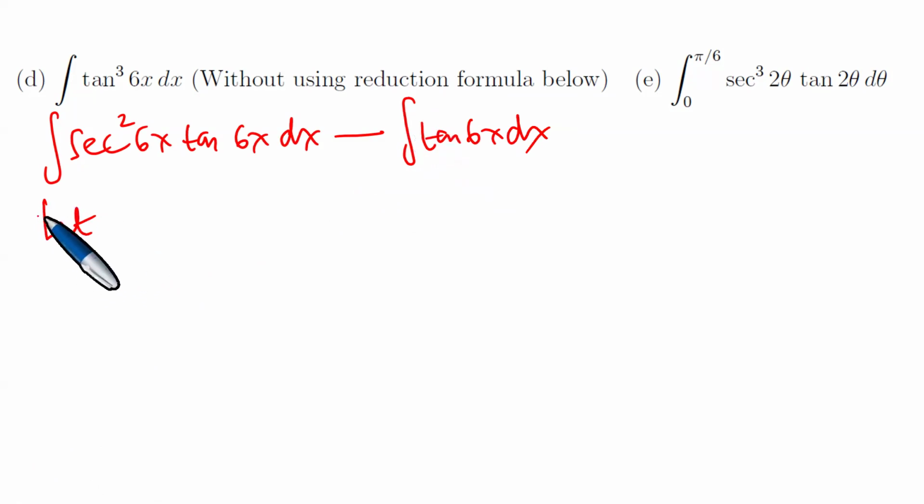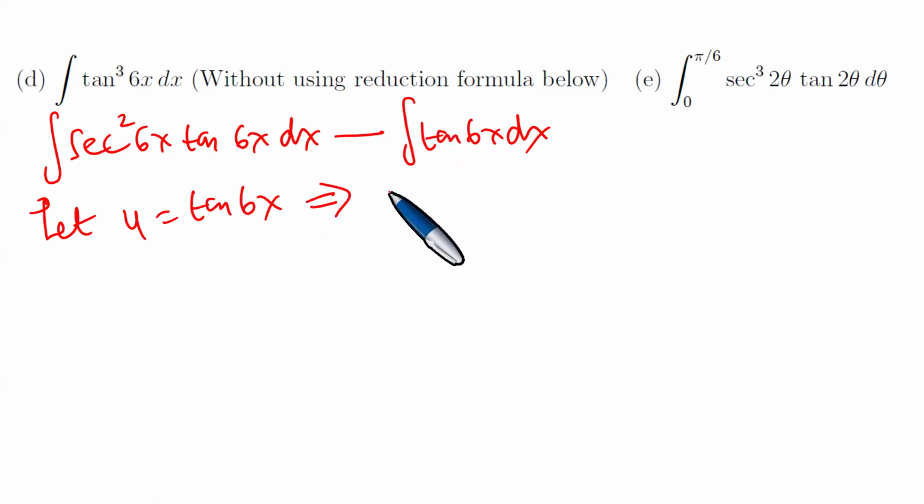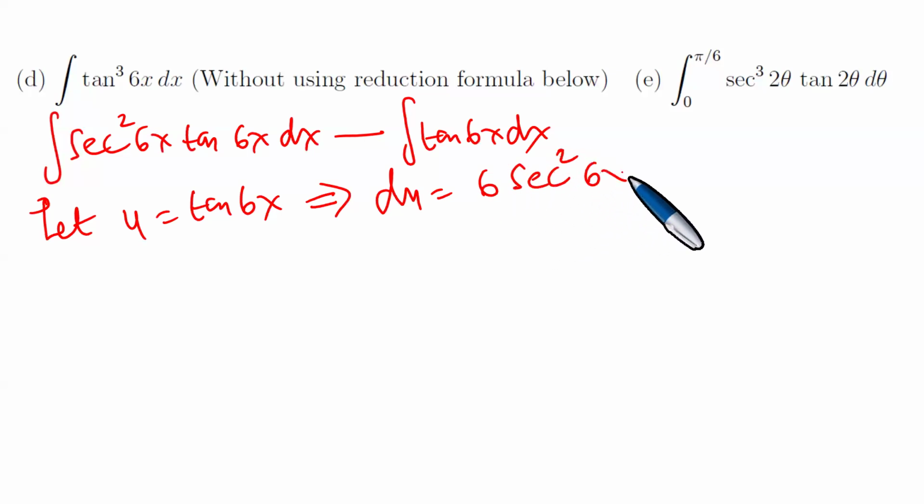So you let u be the tangent, and du is 6 dx.